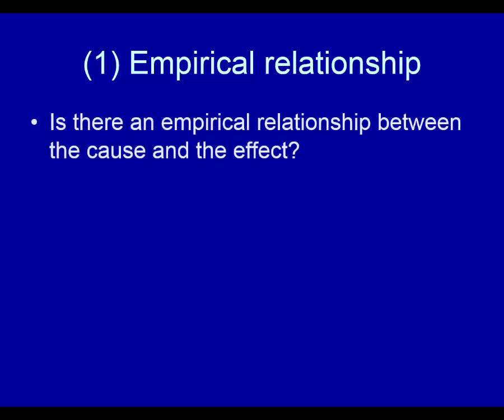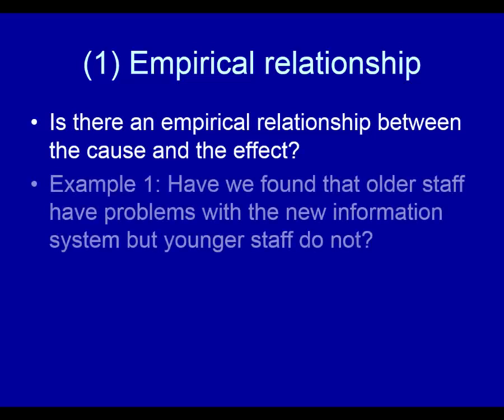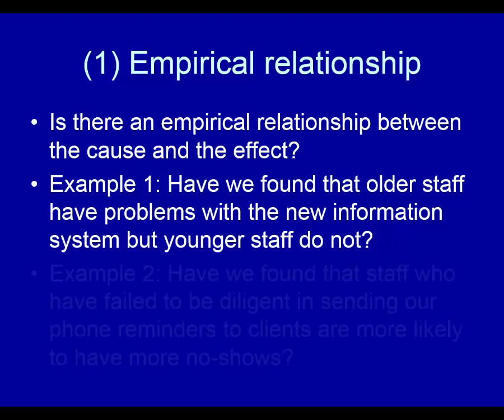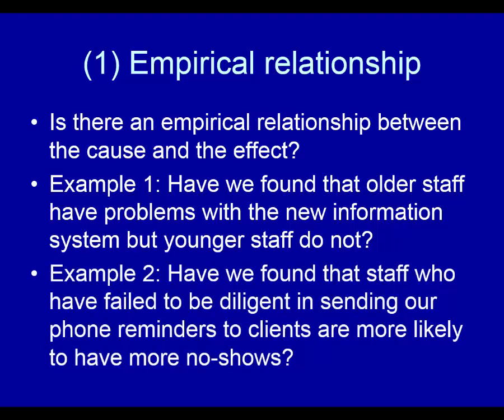Empirical relationship. Example one, have we found that older staff have problems with the new information system, but younger staff do not? That's when we're talking about potentially a problem with implementing the new information system. So let's go back to the beginning.